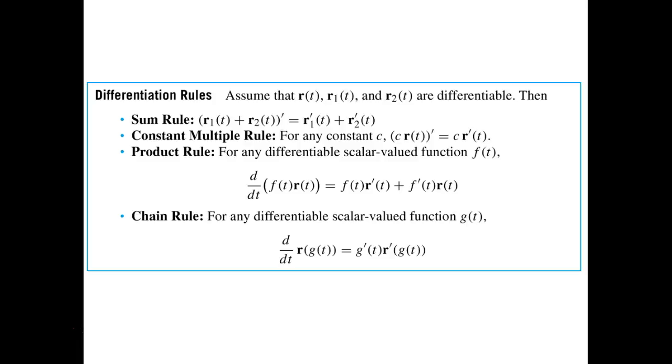Maybe there's a little trick. It's the same type of thing we did with scalar functions. Okay, not quite, but it's similar. They just changed the vector function, and they did it easier.